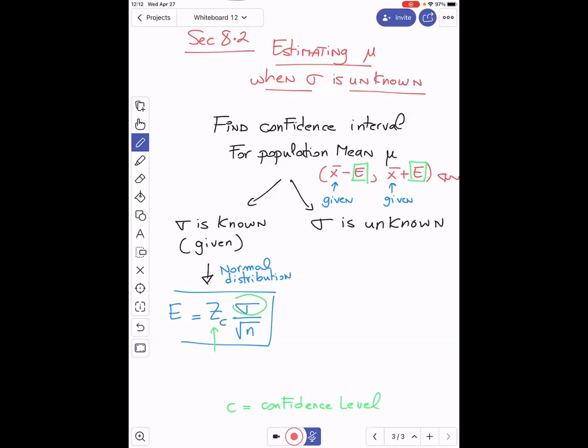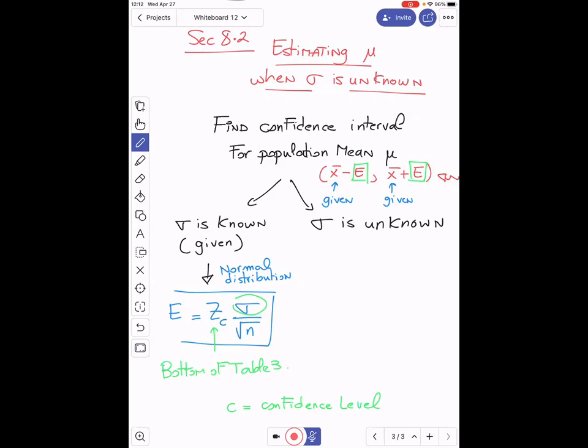To find z subscript c, all you have to do, once you have your confidence level, is use the table, at the bottom of table V. There you can find, for each confidence level c, the corresponding critical value z subscript c.